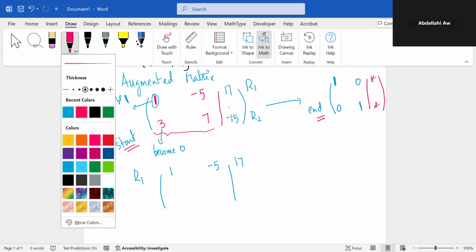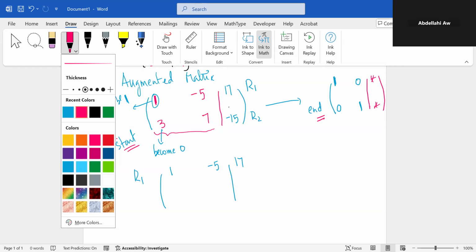We're going to multiply row number 1 by a very well chosen number, and add it to row number 2. I repeat, multiply row number 1 by a very well chosen number, and then add it to row number 2.